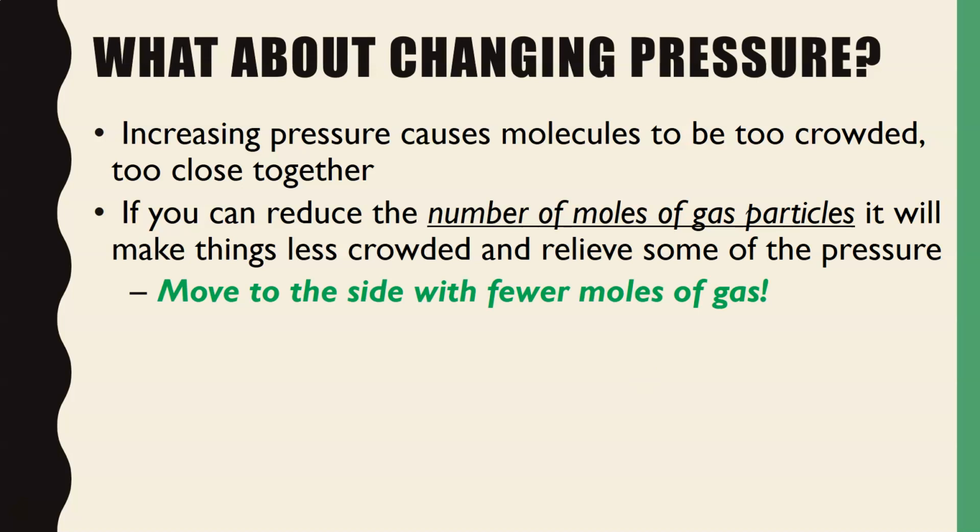So if the right side of the equation has fewer gas moles, move that direction, make more of those. You're combining things together so that they're not as crowded in the container. If the left side of the reaction has fewer moles of gas, well then the backwards direction is the way we'll go to combine things together to relieve some of that crowding that we're feeling.